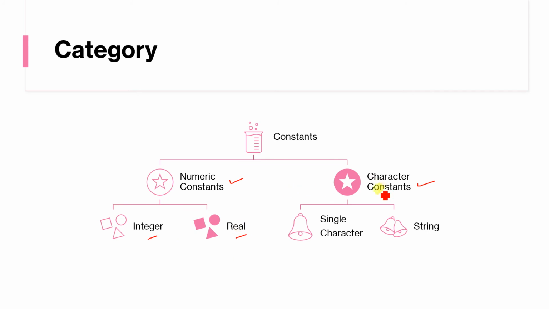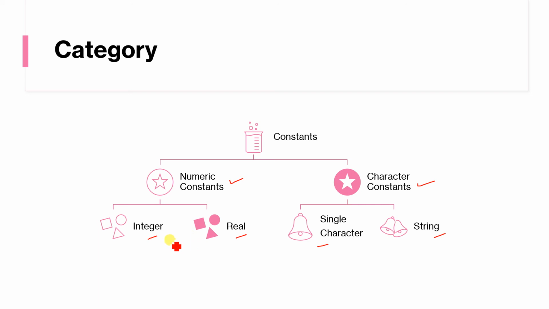Similarly, the character constant can be represented as a single character, or we can use multiple characters. In C, a multiple character constant is called a string. Okay, so these are the four types of constants that the C language supports.